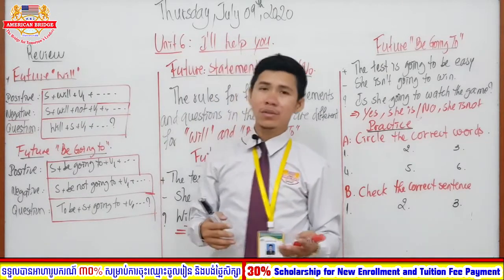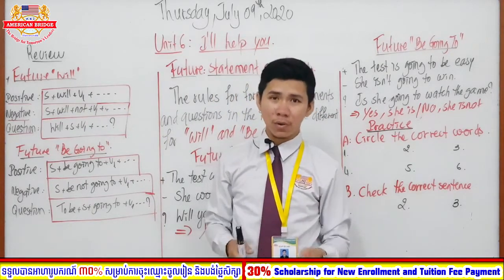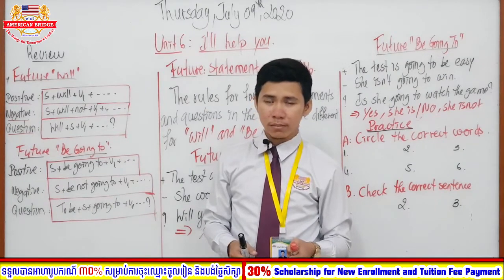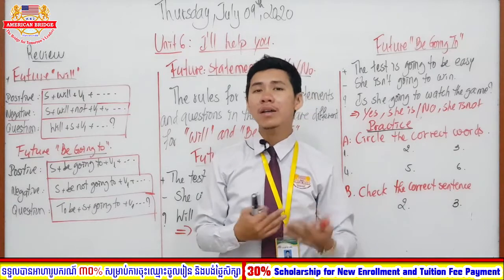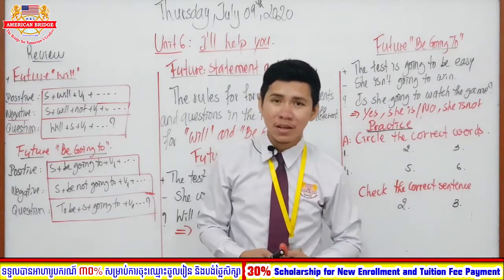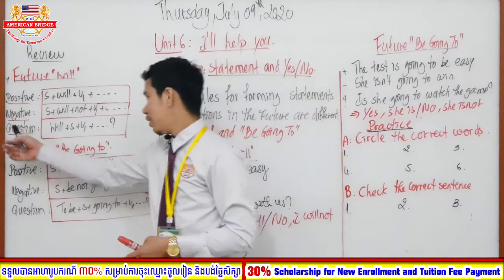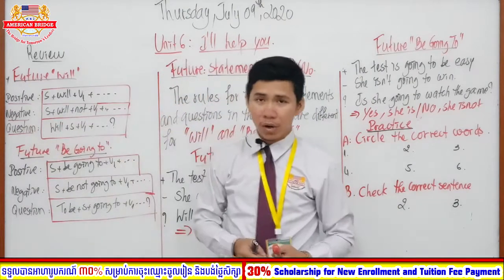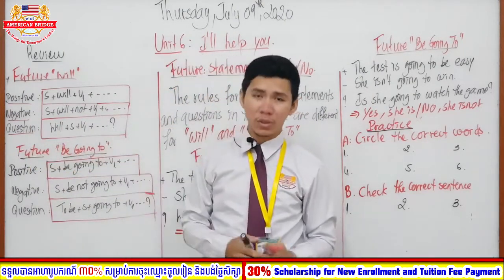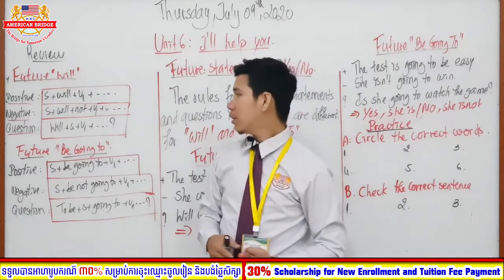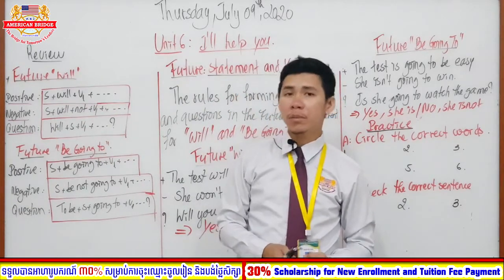I would like to inform you that there is no example because you have already learned, so I just give the formula as guidance for making the sentence. Negative: subject plus will not plus verb 1, and question: will plus subject plus verb 1, and question mark.